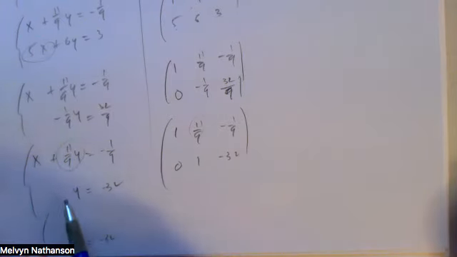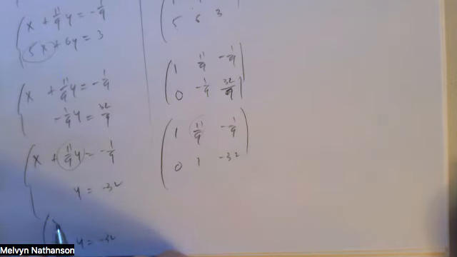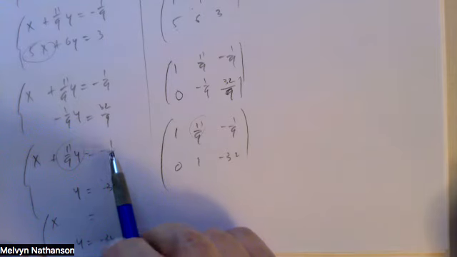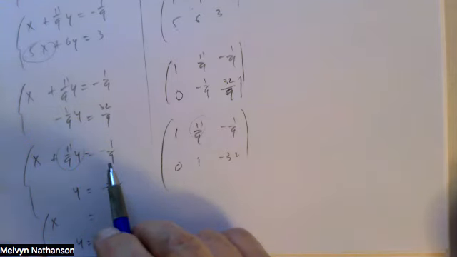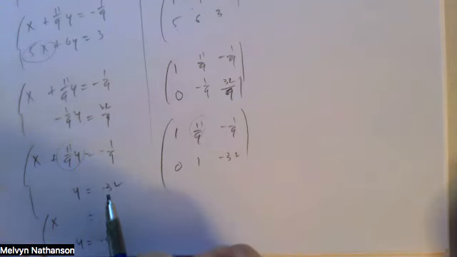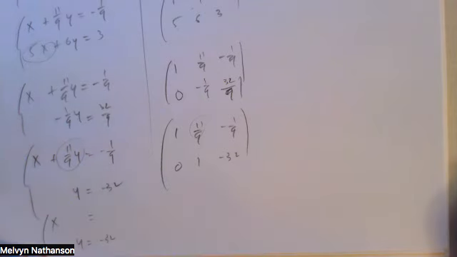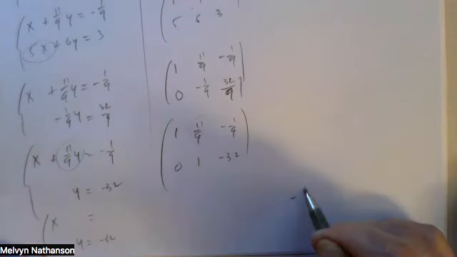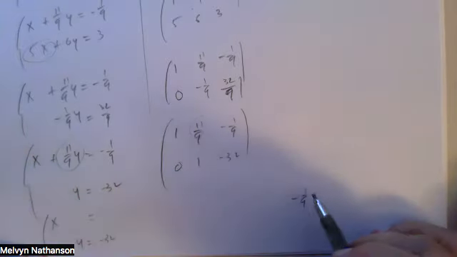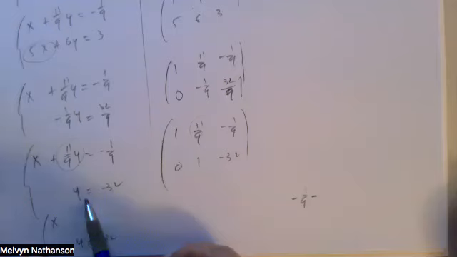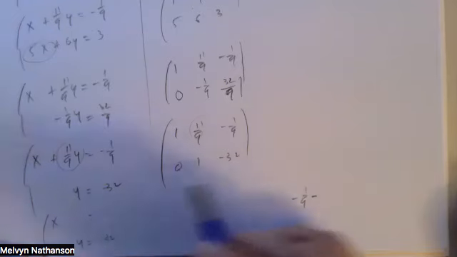Then you want to eliminate this. So you have y equals -32. You take the first equation minus 11/9 times the second, you get x plus 0 equals -1/9, and I'm adding -11/9 times the second equation to the first.